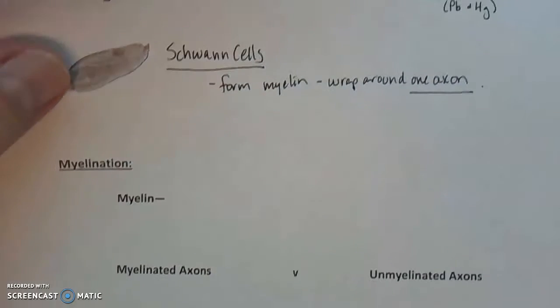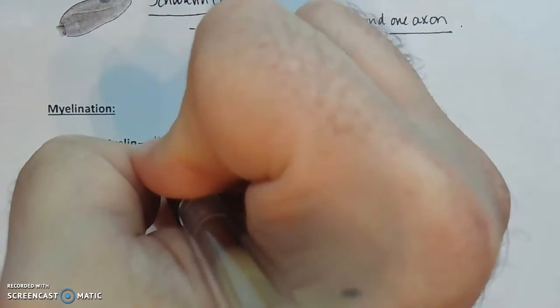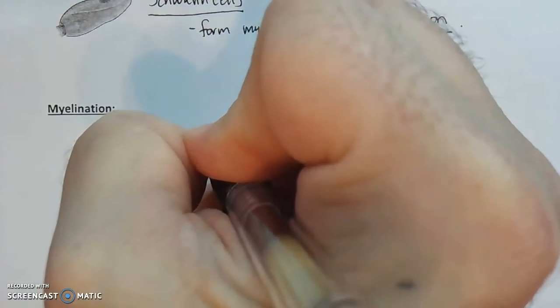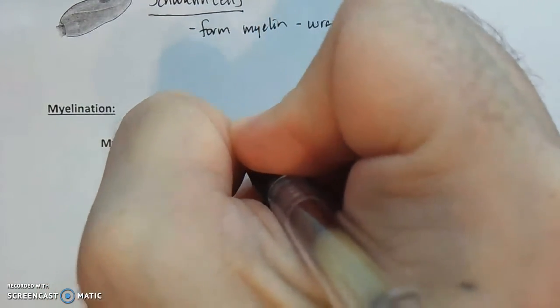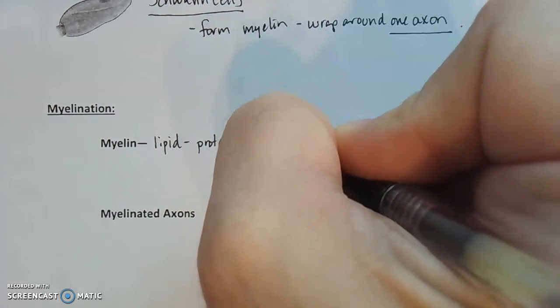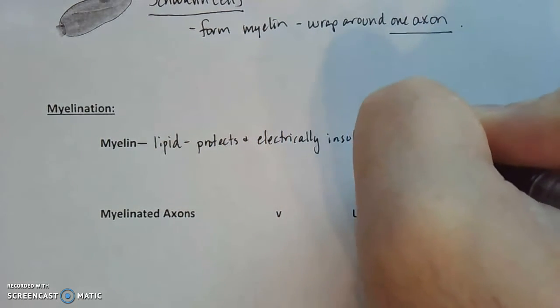So when we look at axons, we can have either myelinated or unmyelinated axons. But myelin itself is a lipid. And what it does is it protects and electrically insulates axons.